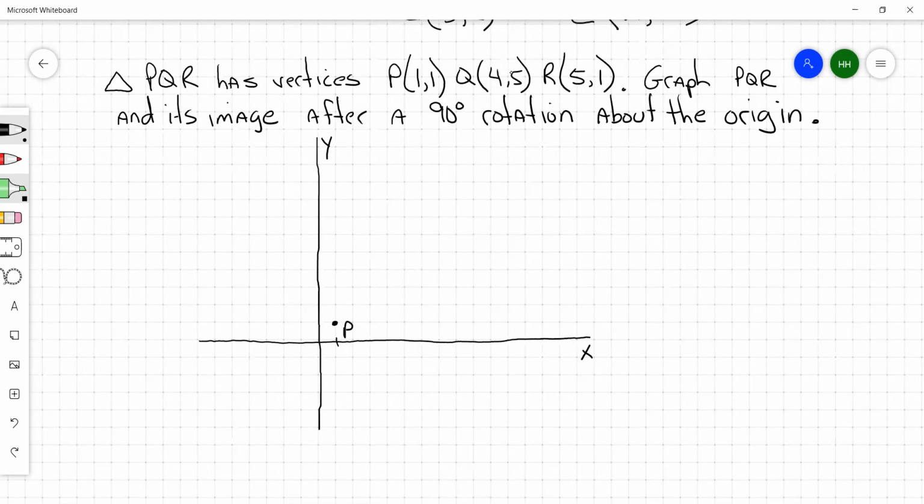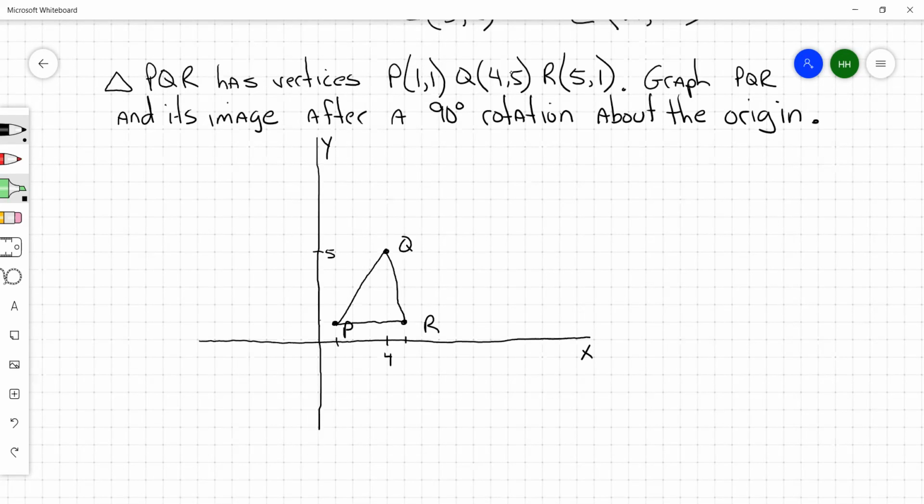So here's 4, and 1, 2, 3, 4, 5. 4, 5 is right here. That's Q. R is at 5, 1. So here's 5 and 1. Here's R. Connect those. All right. There's P, Q, and R.